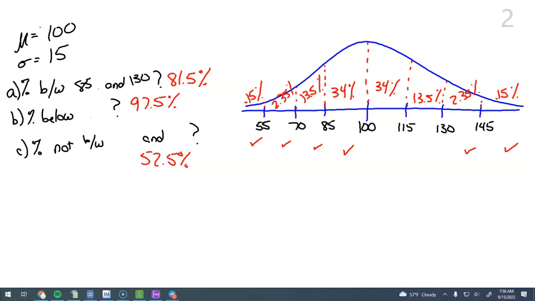On the last problem, I believe this was 85. Well, now it's just the percent below 130. And then this one was not between, I think it was not between these two. Right? So it'd just be 101. So your percents do not change. All that changes is the numbers that dance around those percents. Does that make sense, what we're doing?